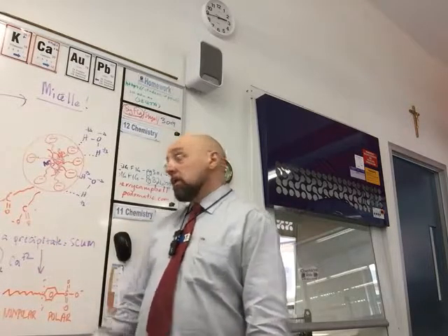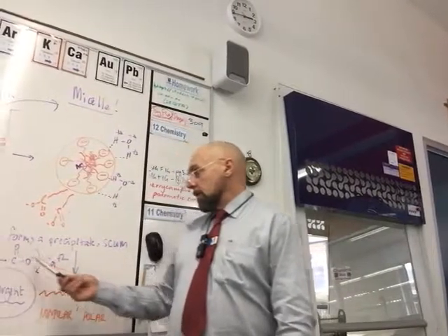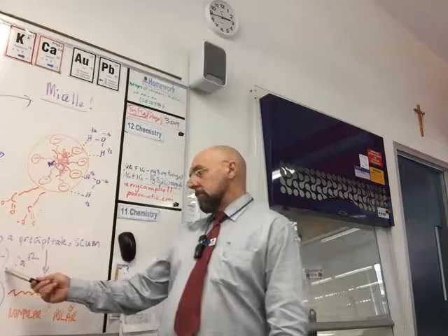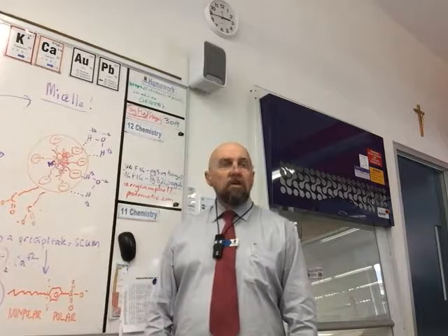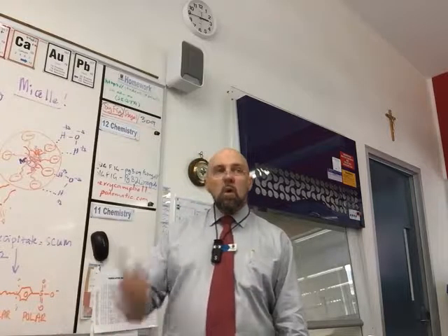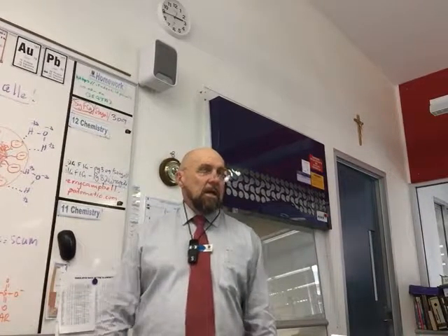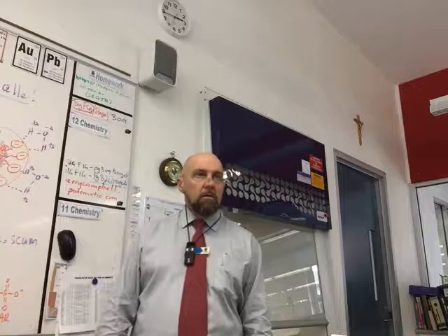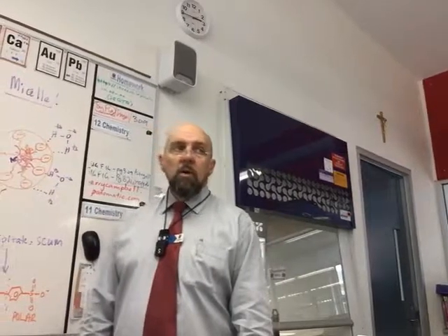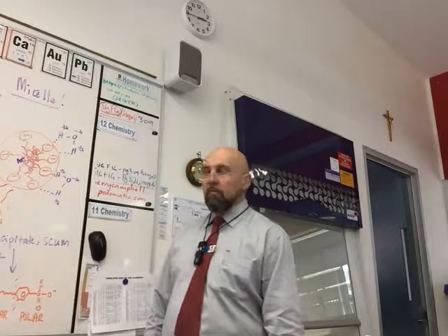Hard water is not good for soaps because any soap structure, as soon as it comes into contact with calcium or magnesium, forms a precipitate, and that's the white scummy stuff you get if you ever washed your hair with soap. If you were desperate, you'd probably wash it with soap, but it doesn't work very well because eventually it just all falls out.